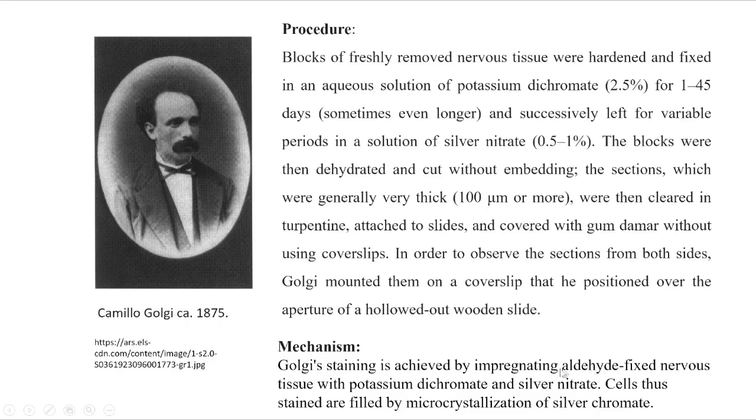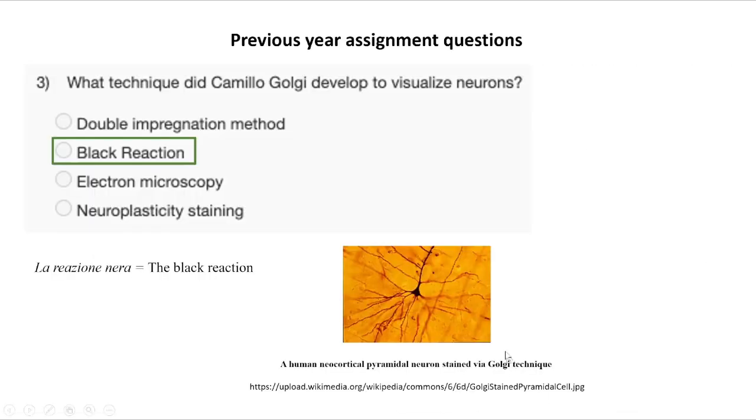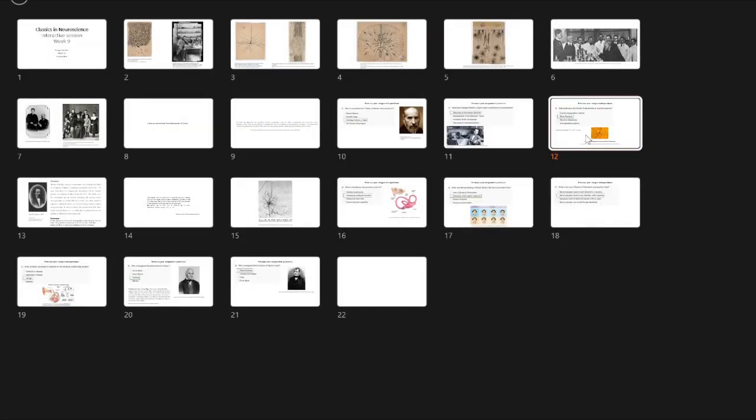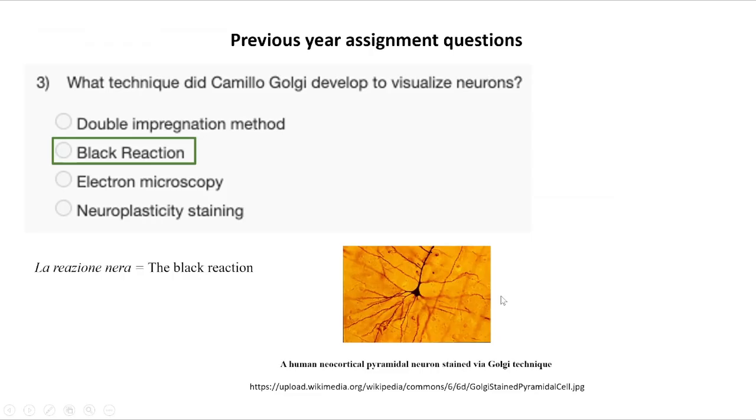So there was a reaction between silver nitrate and potassium dichromate, which resulted in the formation of microcrystals of silver chromate. So it was a silver staining technique, and these microcrystals of silver chromate gave rise to the black precipitate that allowed them to visualize the cells of the nervous system.